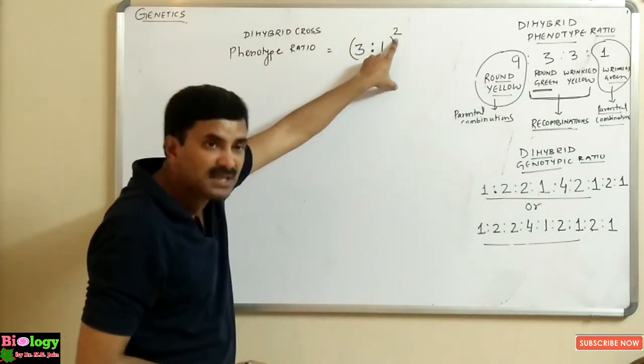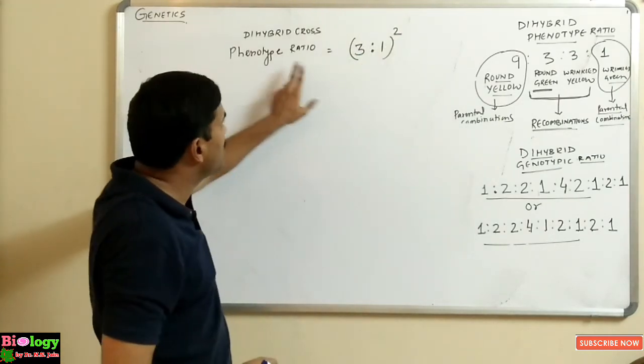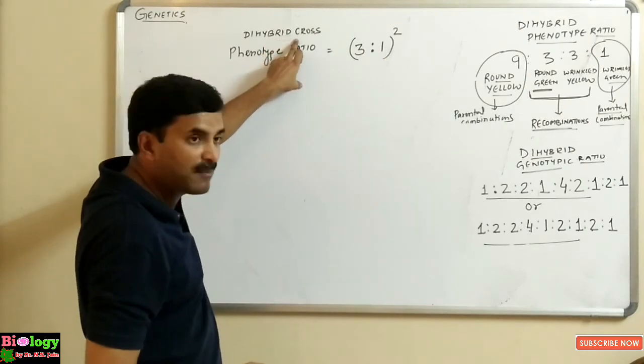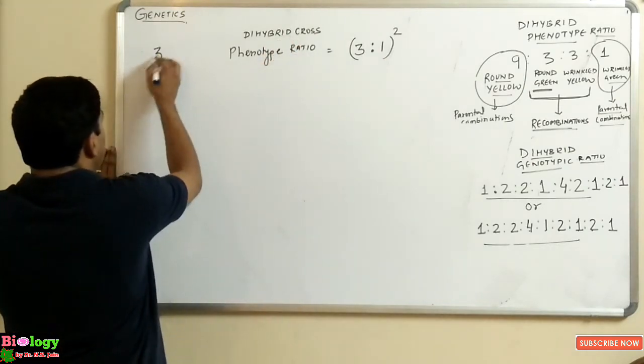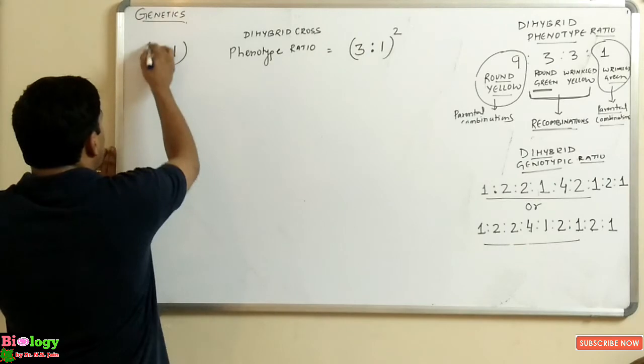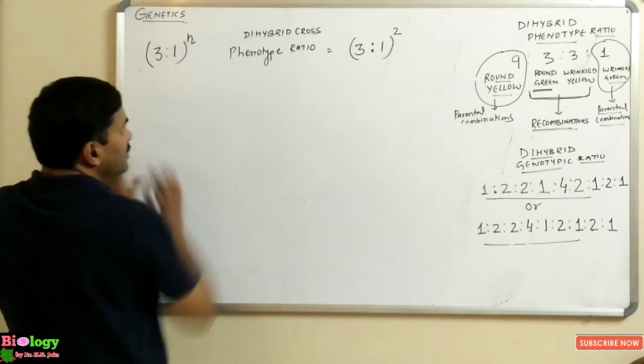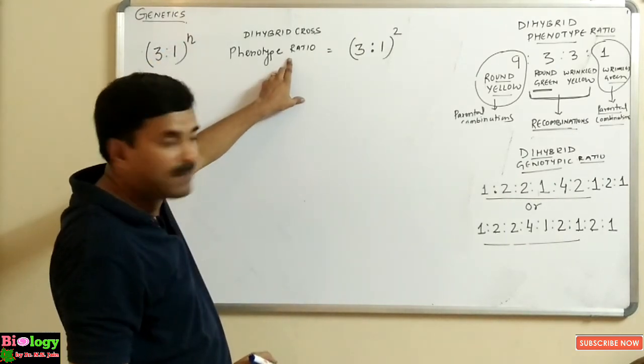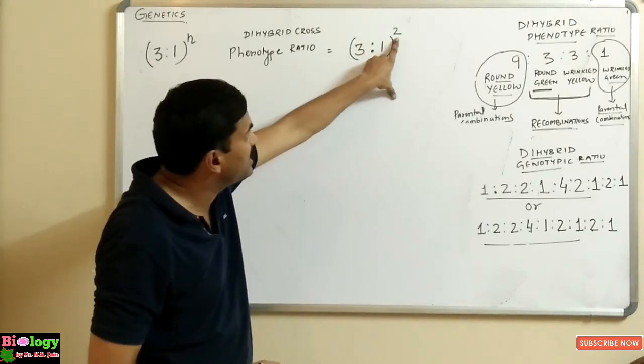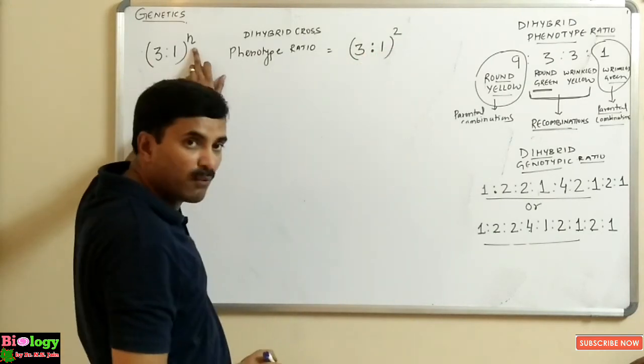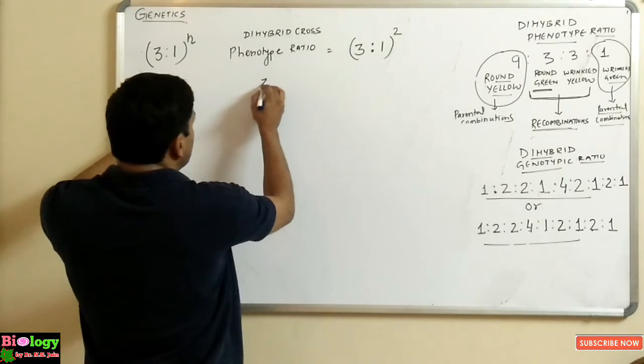Why have we taken this power? Because we are studying the dihybrid cross. The actual formula is 3:1 raised to the power of n. But as we are studying the dihybrid cross, we will put the power 2 in place of n.